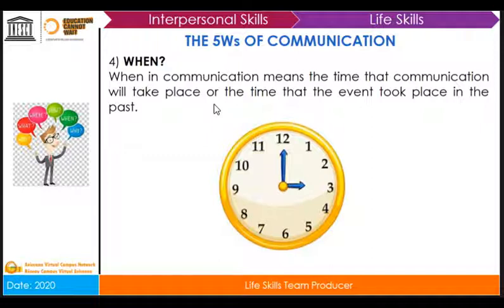And definitely you have to give a response to say that the party will begin by 1 p.m. or the party will begin in the evening. So when in communication means the time that the communication will take place or the time that the event took place in the past.